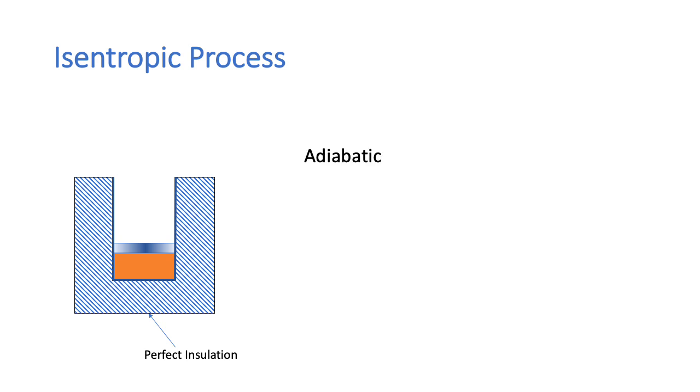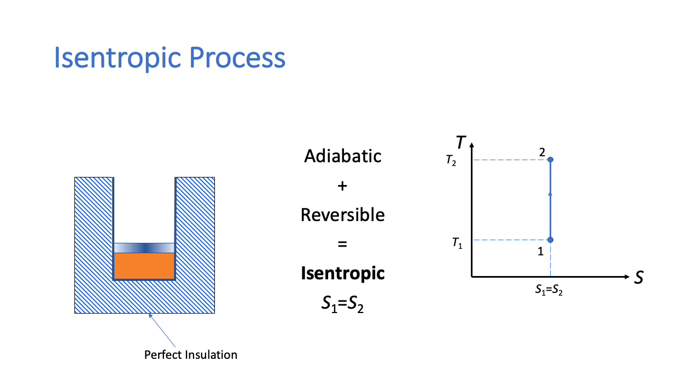Since this process was adiabatic and it was reversible, we know that that is an isentropic process. So the entropy remains constant and S1 is equal to S2. On a TS diagram, that would be represented by a vertical line where it goes from T1 to T2, but S1 remains equal to S2.